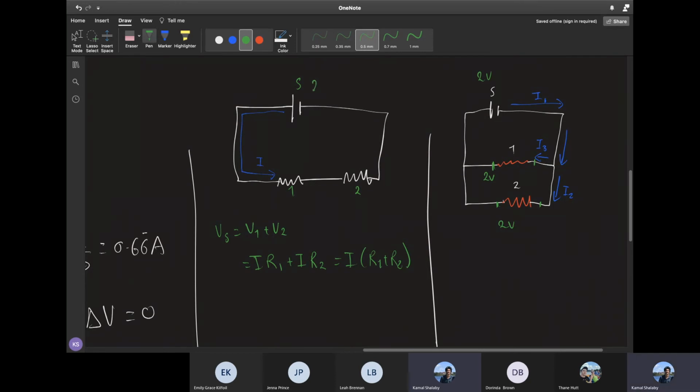But if this was 2 volts, and those two were equal, you would have 1 volt here and another volt here. So 1 plus 1 is equal to 2. I'm trying to show why that is the case. But simply, if you have anything in parallel like this, both of them have the same voltage. Is that okay?